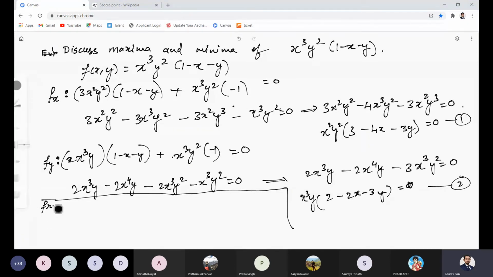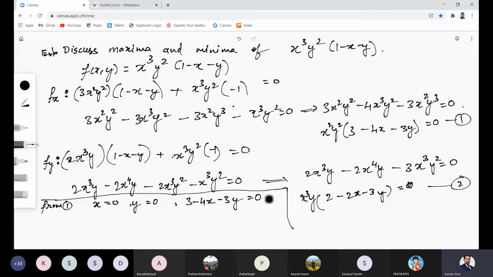From 1 we get x equal to 0, y equal to 0, and the third one 3 minus 4x minus 3y equal to 0. From 2 we get x equal to 0, y equal to 0, and 2 minus 2x minus 3y equal to 0.